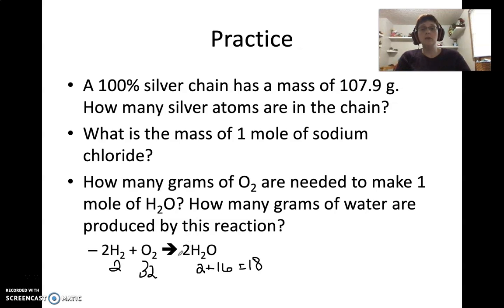Well, if we want to make only 1 mole of water, what do we need to do to the oxygen? We're going to need to divide by 2, because we need half as much of the oxygen to make half as much of the water. And so that's going to get us 16 grams of oxygen needed to make 1 mole of water.